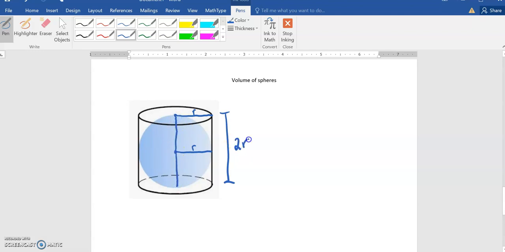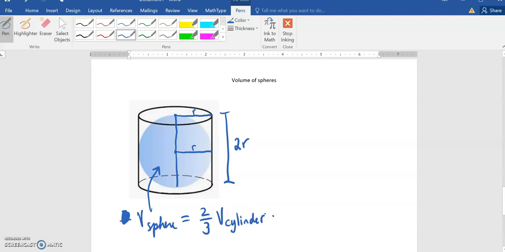So it'll be 2r. And from the video, the water displacement shows us that in this particular case, the volume of the sphere is going to be 2/3 the volume of the cylinder.